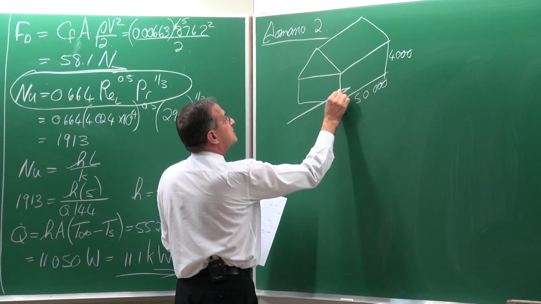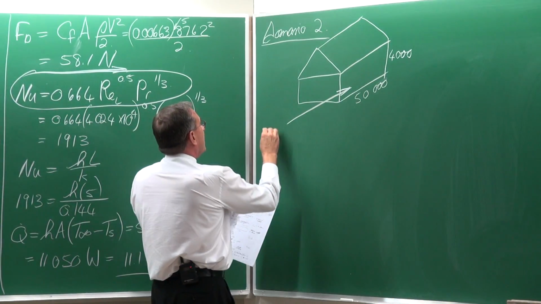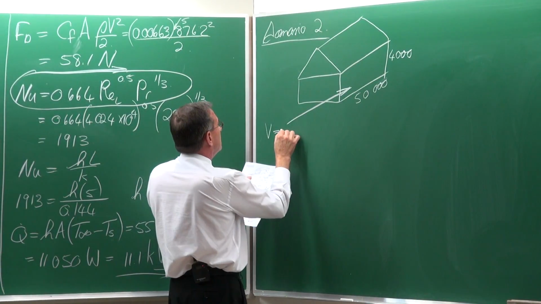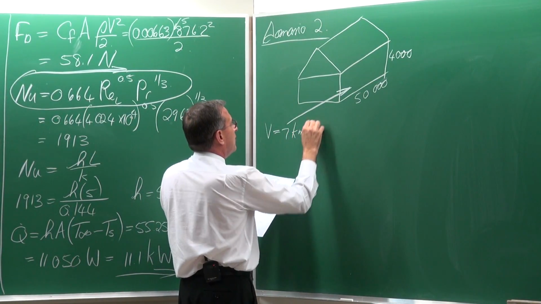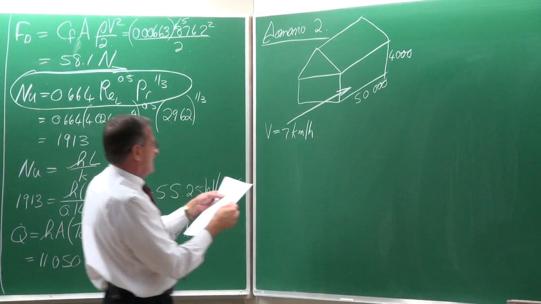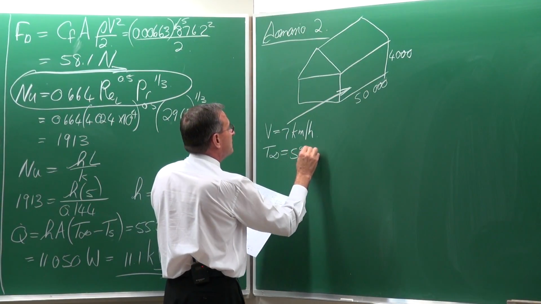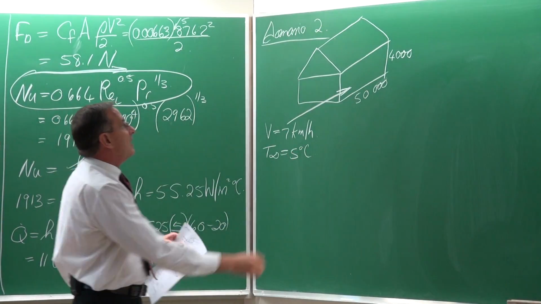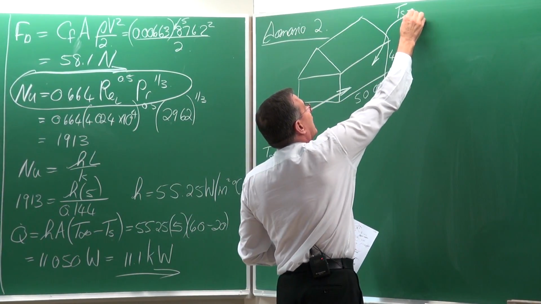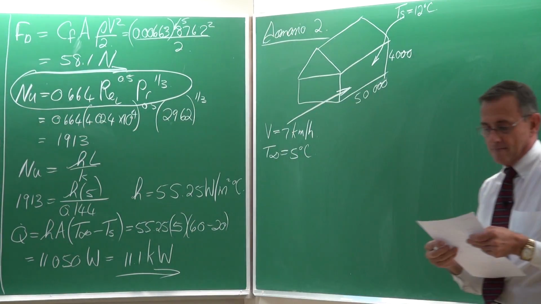We've got a wind blowing over this wall at a velocity of 7 kilometers per hour, and the temperature is equal to 5 degrees Celsius. The wall is measured on the outside having a temperature of 12 degrees Celsius.